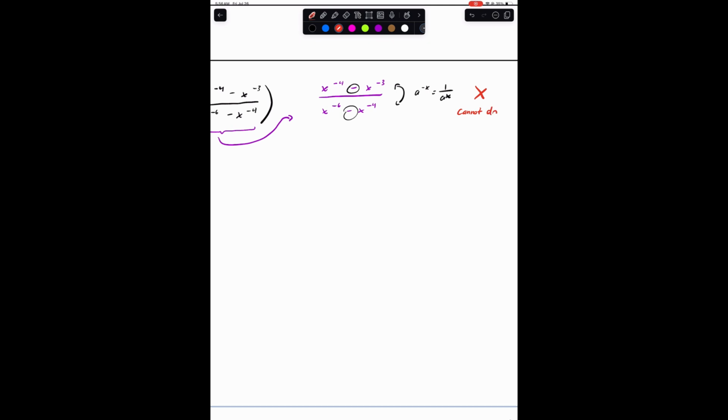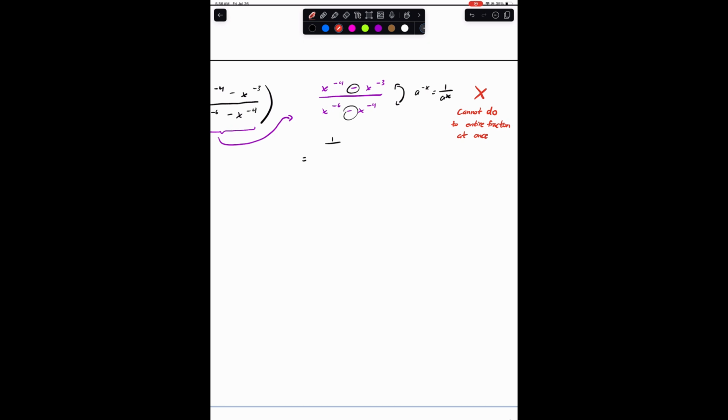So the only way to deal with this is to deal with each exponent individually. By that, I mean I have to flip each of those x terms. I cannot flip the entire fraction at once; I have to use this law on each individual term.